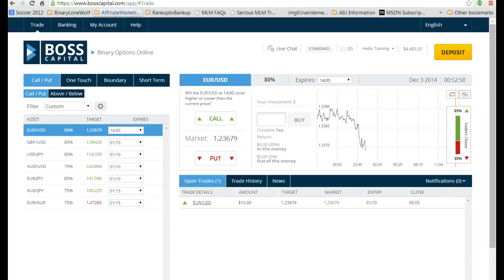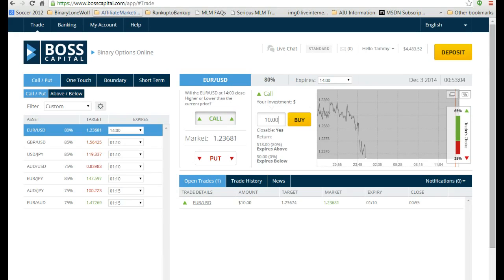I want this expiry at 2 o'clock, so I'm going to do a call. I'm going to do $10, and you'll see that closable changed to yes. What that means is that if I decide the trade is going against me, I can technically close this trade and get some of my money back, but not all of my money back.